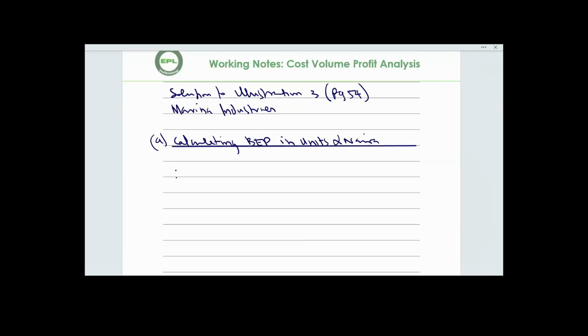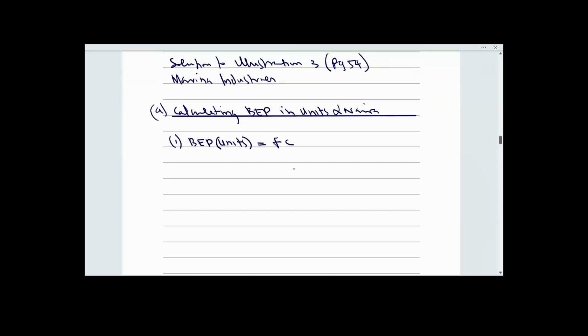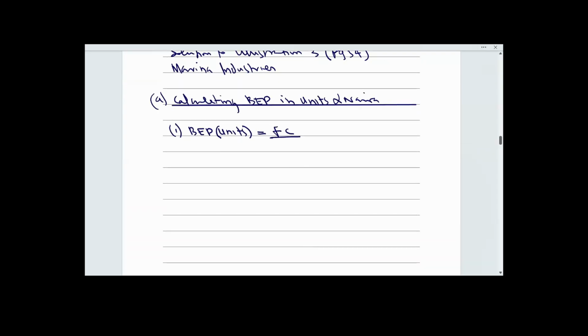So A1, break-even points in units will then be equal to fixed cost divided by contribution per unit. I will go to the question, how much is fixed cost?